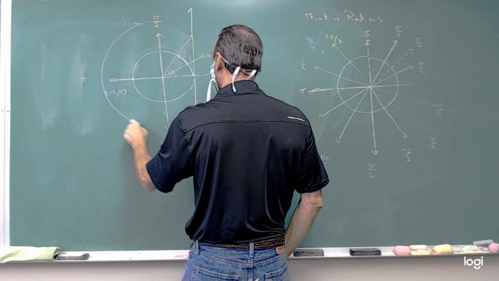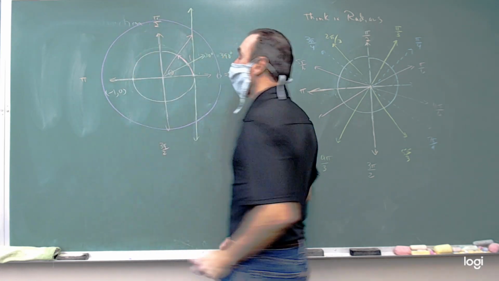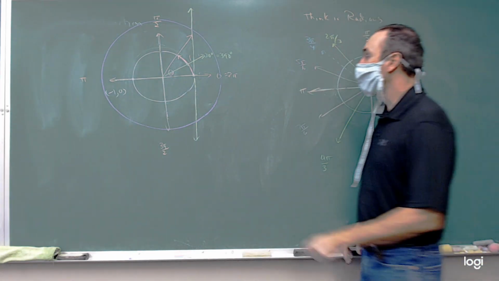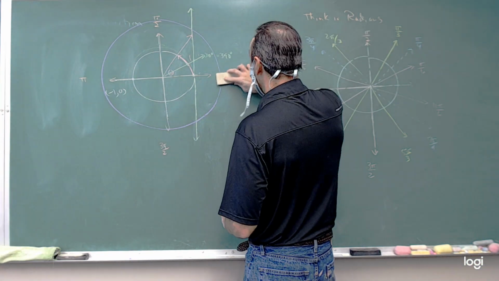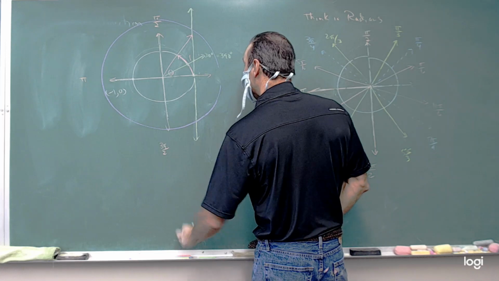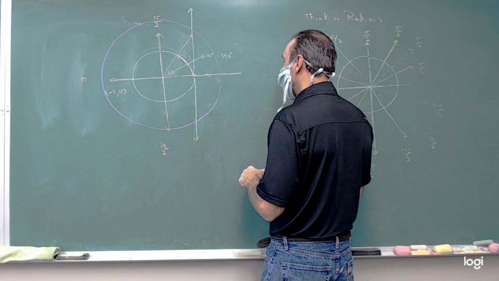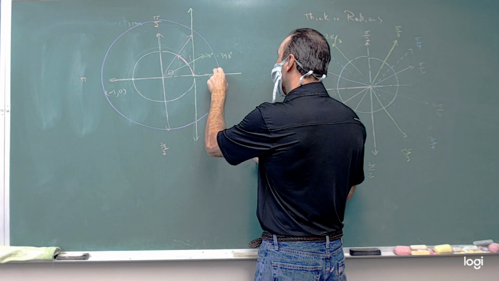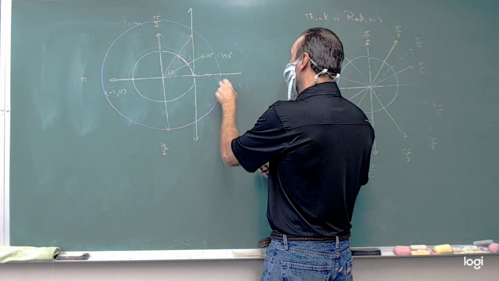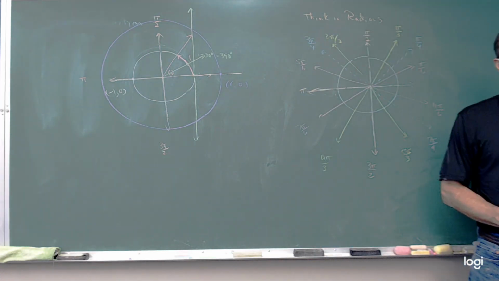I don't recommend doing this. So there is our circle there now, and we're going to say that its radius is r. So it could be bigger than 1, it could be smaller than 1.